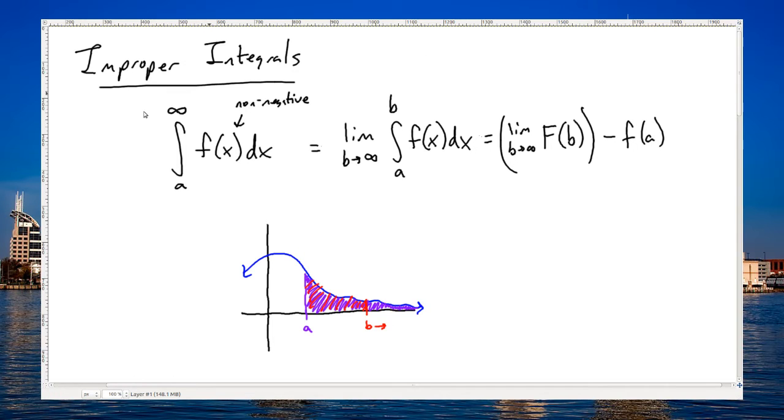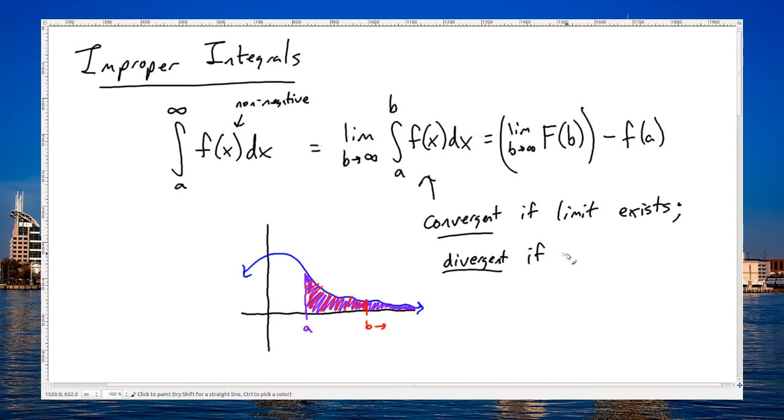Just like series, we have a notion of convergent and divergent improper integrals, and it simply means it's convergent if the limit exists, and it's divergent if the limit does not exist.